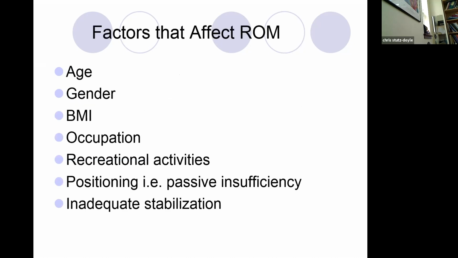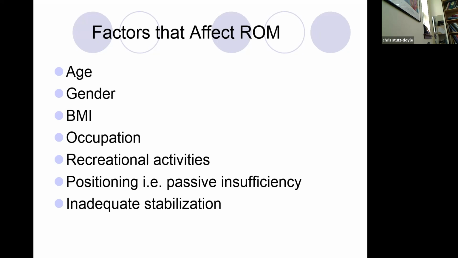Okay. Factors that affect range of motion. Do children have more range of motion than adults? I would say so, right? So kids have greater range of motion than adults. Does range of motion decrease as we age? With some people it does. Does range of motion decrease with muscle girth and muscle bulk?